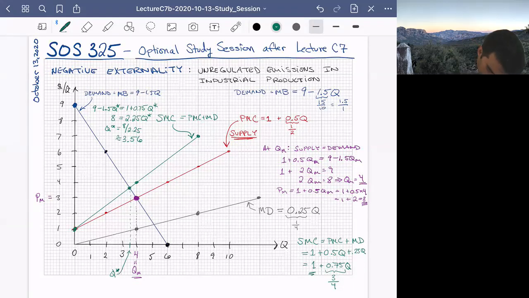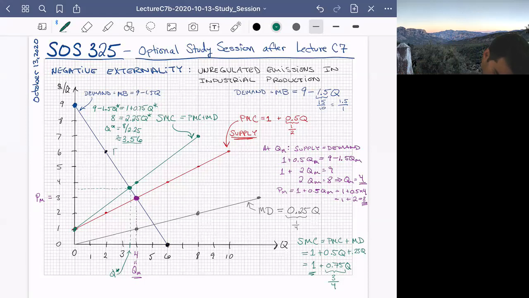And then what I want to do is figure out the corresponding socially efficient price, which I'm expecting to also be between 3 and 4. I'm going to take this 3.56 and plug it into either the demand curve or the social marginal cost curve. I'll plug it into the social marginal cost curve.